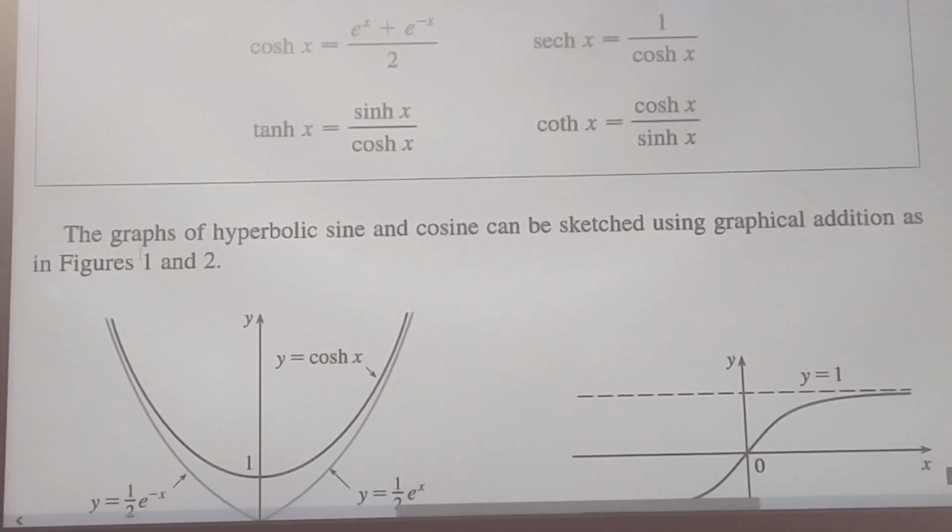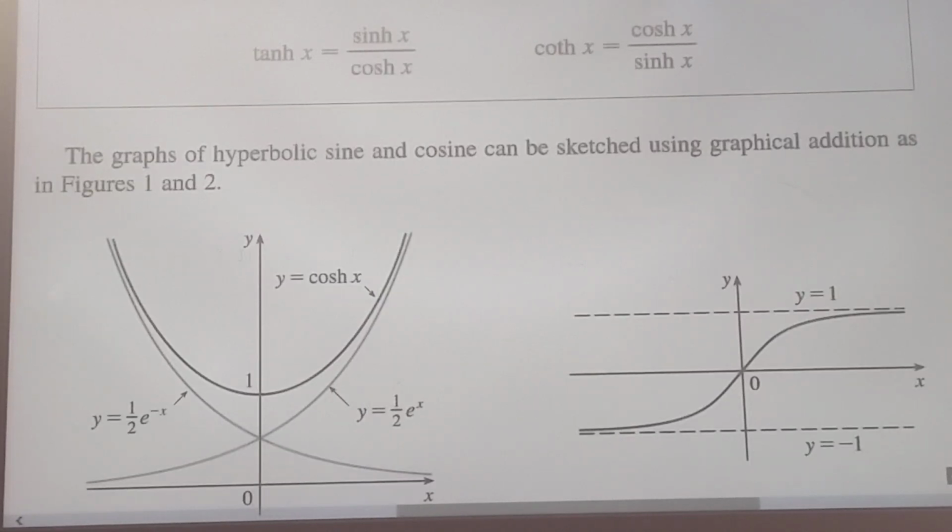So we have two graphs showing how we came to find cosh x. We have two exponential graphs here. We have this graph which is y equals e to the power negative x, and we have this graph also which is going upwards, which is y equals half e to the power x.